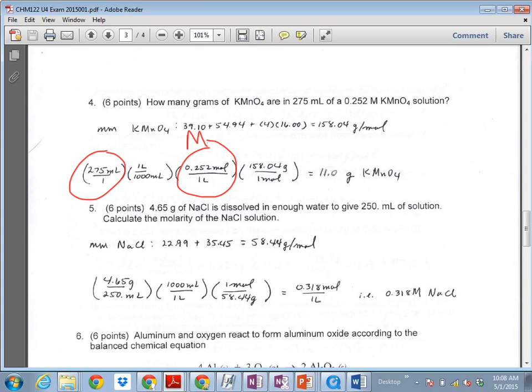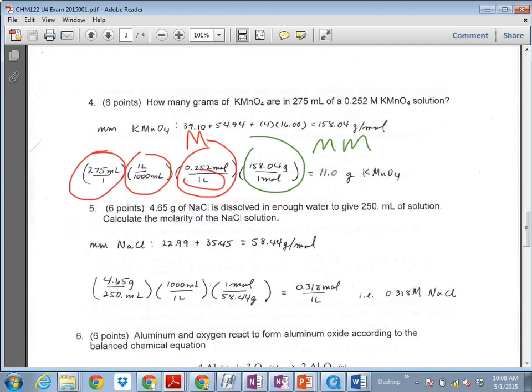Then if we start with our volume and get our volume into liters, we can use the molarity to get liters to cancel, and we're left with moles. And then, of course, you probably recognize that last term is the molar mass. So rounded to 3 sig figs, I got 11.0 grams of KMnO4.